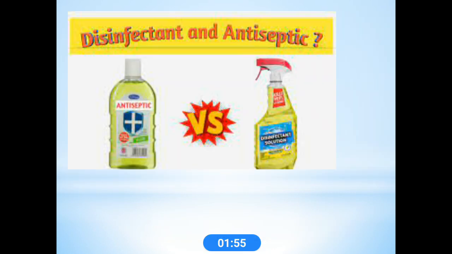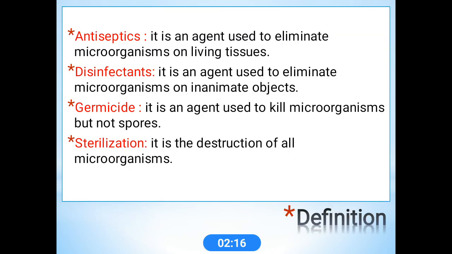What is the main difference between antiseptics and disinfectants? Both are germicidal agents. Antiseptics kill or inhibit microorganisms on living tissues, but disinfectants kill or inhibit microorganisms in non-living systems. That is, antiseptics eliminate microorganisms on living tissues like skin and mucous membranes.